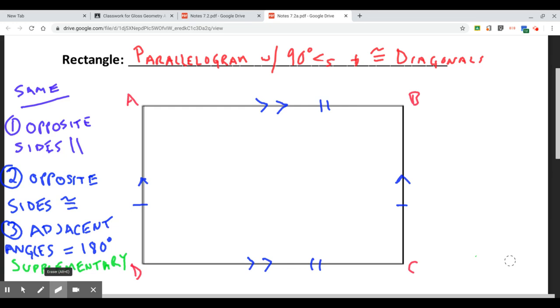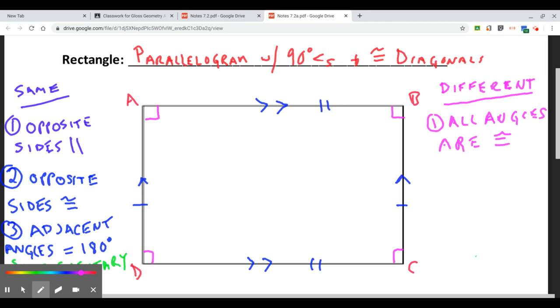But what makes these different? Well, let's look at the differences. The first difference is opposite angles are congruent, just like a parallelogram, except since they are 90 degrees, that means that they're all congruent.